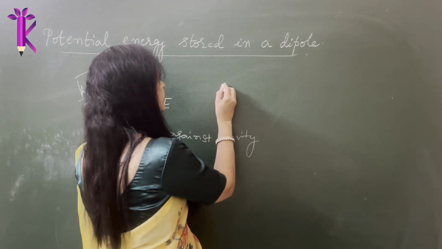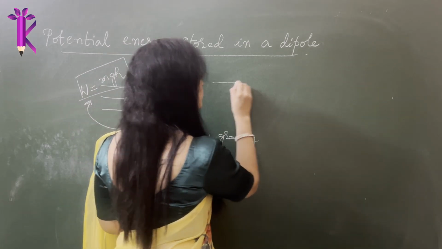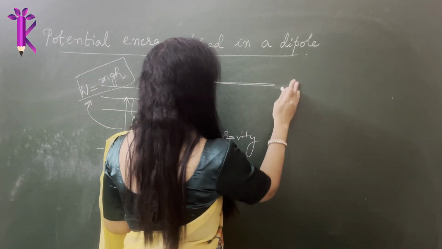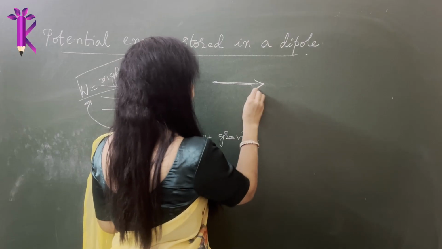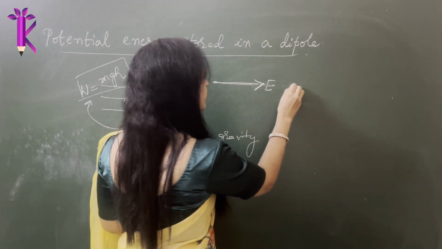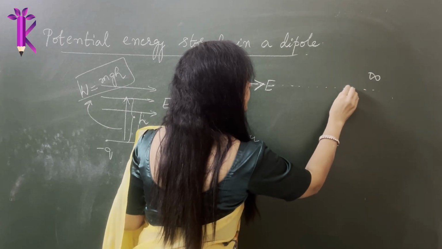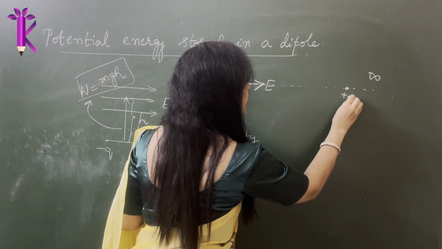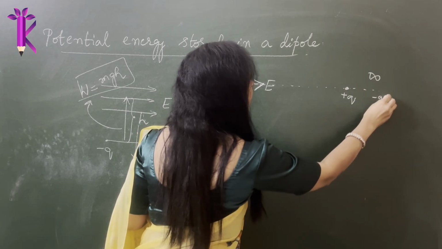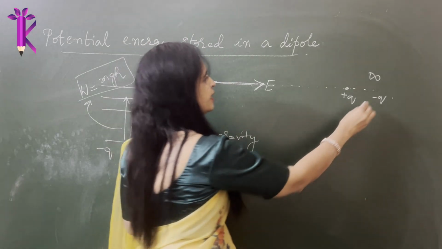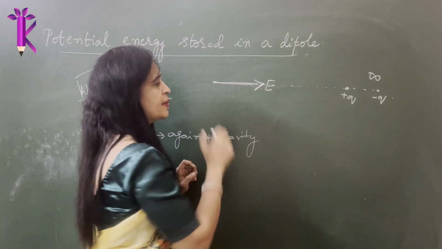Similarly, imagine this is the electric field E. Now suppose the dipole is placed at an infinite distance. So here is your dipole. You have to bring charges plus q and minus q. They are separate charges, you have to bring them and separate them at a distance.